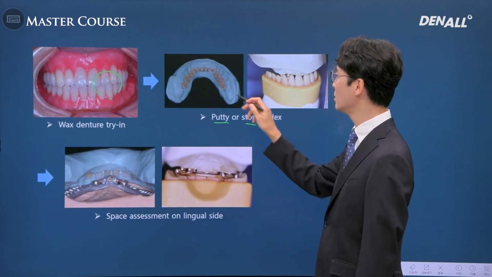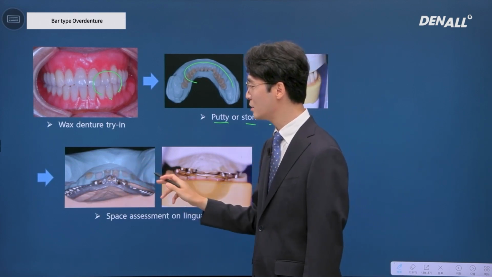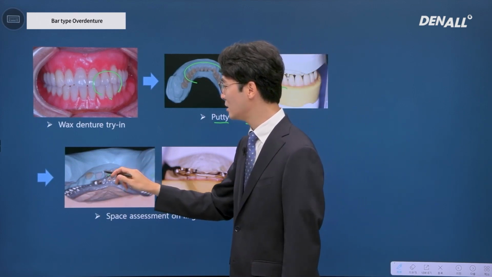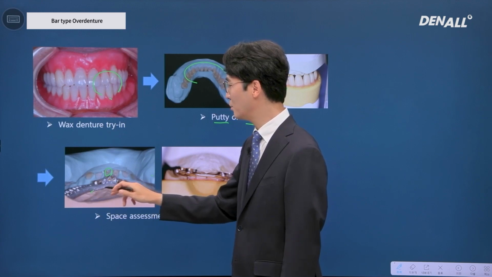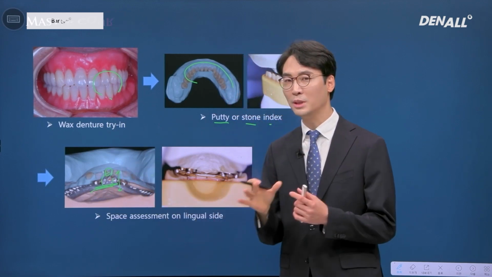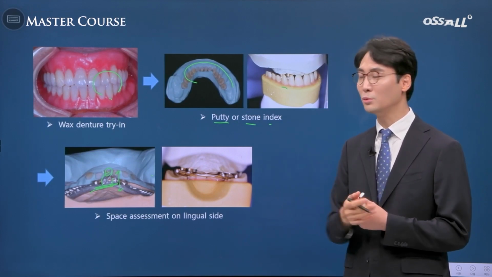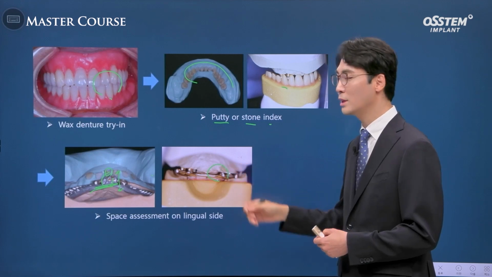In the wax denture stage, you use putty or stone to get an index with artificial teeth, and from the artificial teeth to the gingival line, we need to assess whether there's a vertical space of 14 millimeters.